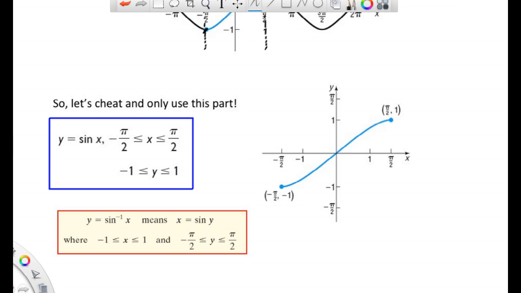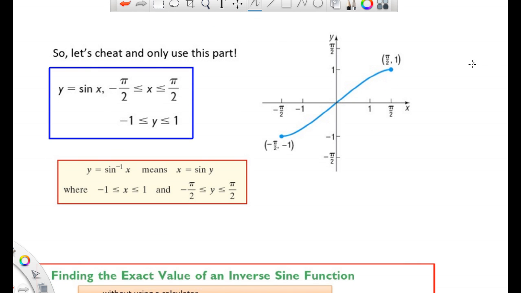And that's what this picture is trying to show you here. So here's this picture sort of lifted out.